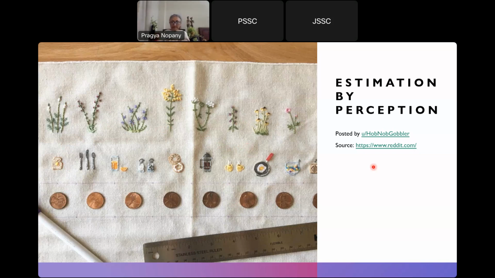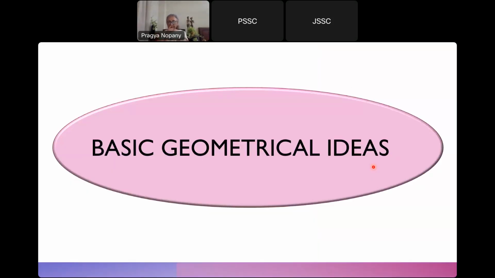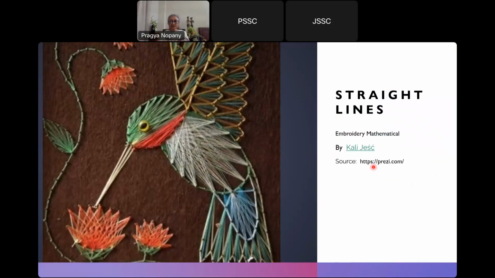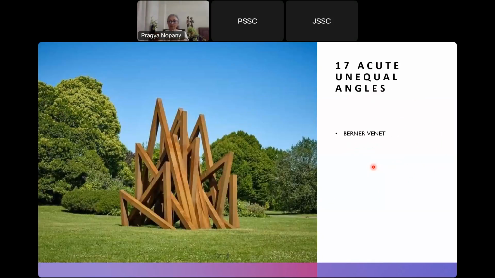And then when we go forward, the next topic that I take up is basic geometrical ideas. So you see here the straight lines. Now this embroidery is totally through straight lines. Even the curves have been made up of small straight lines. Then look at this artwork.